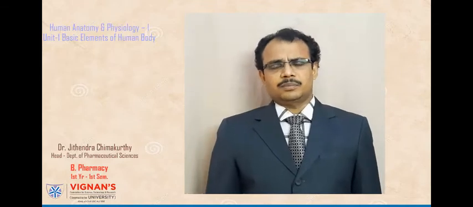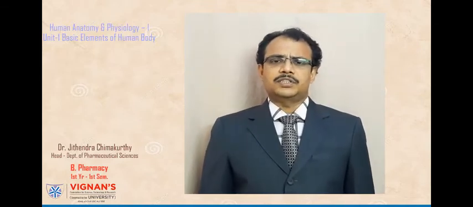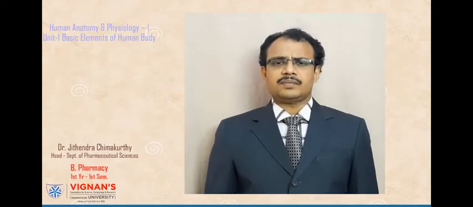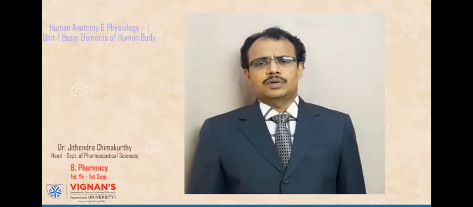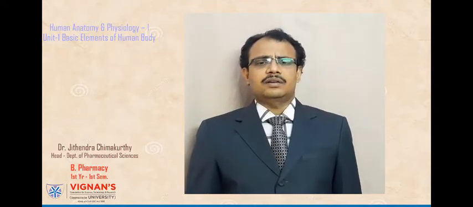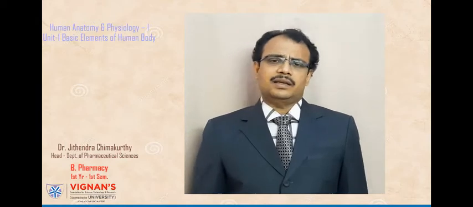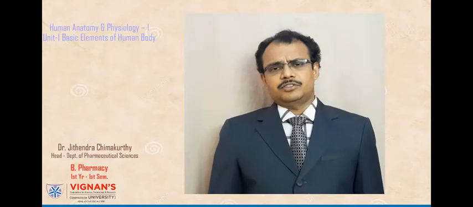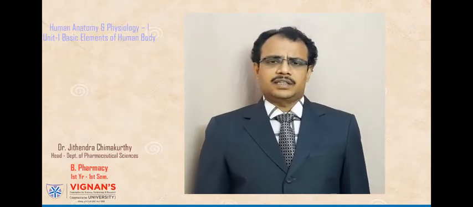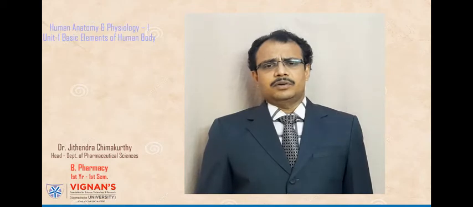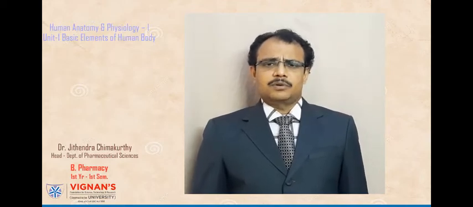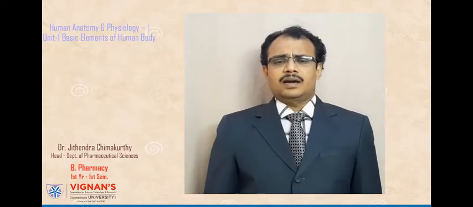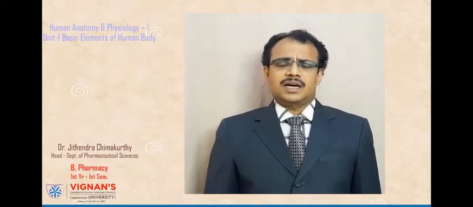In human anatomy and physiology, which you will be studying in your first semester and second semester, you will learn the anatomy and physiology of a healthy human body. Whereas in pathophysiology, which you will be studying in the later semesters, you will learn about the abnormalities in any diseased condition and how the physiology is altered.